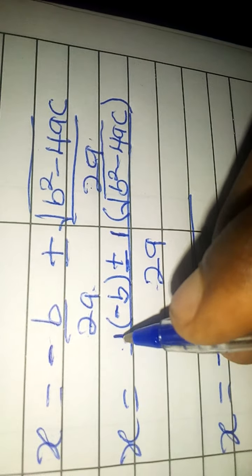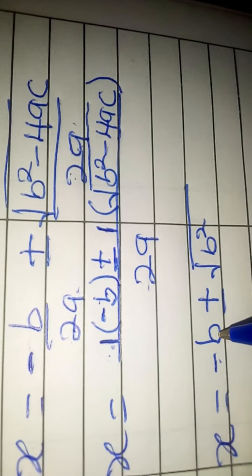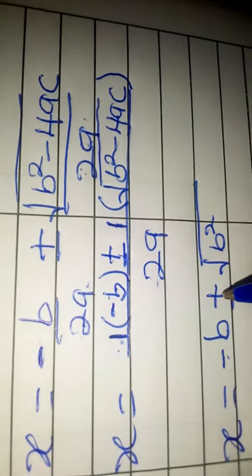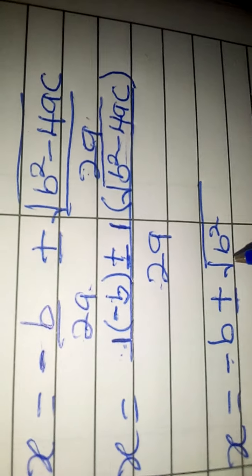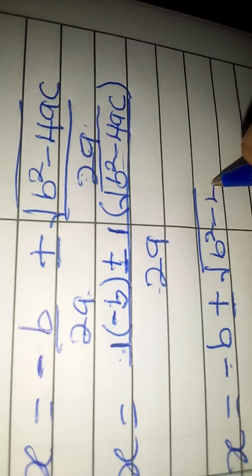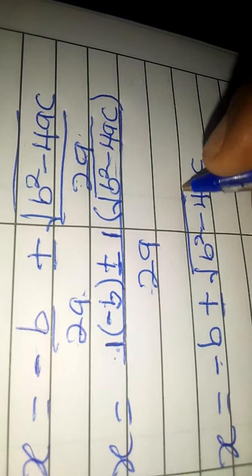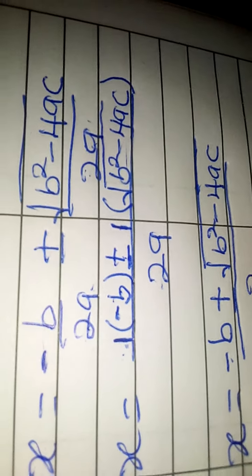Now 1 times negative will be negative. 1 times b will give us the b. The plus or minus sign is there. 1 times any given number is the number itself. So we have b squared minus 4ac, which is neatly in the square root sign, all over 2a.